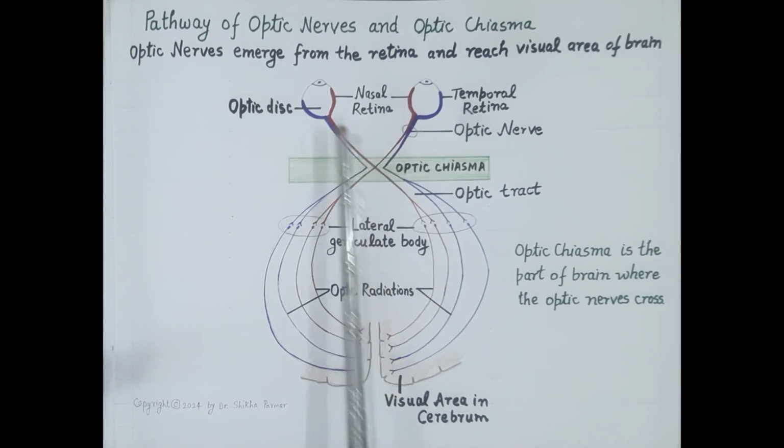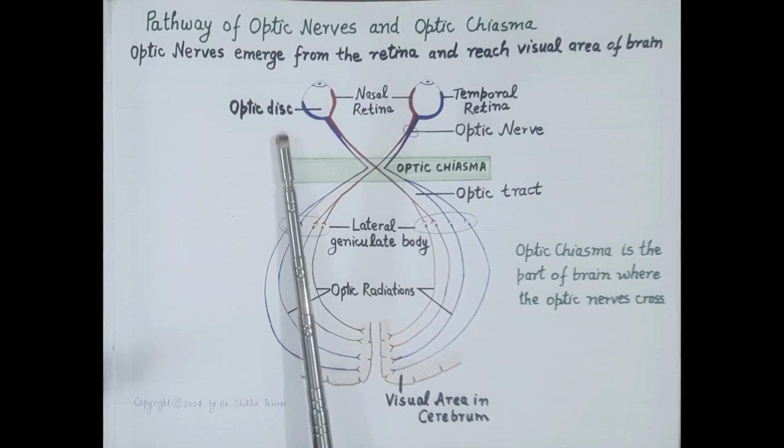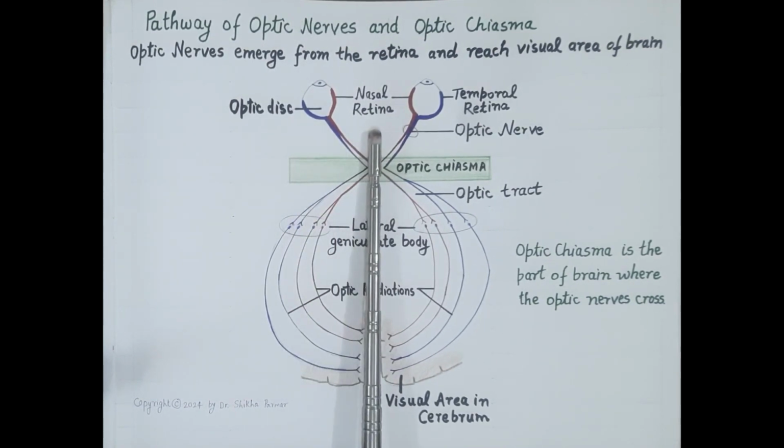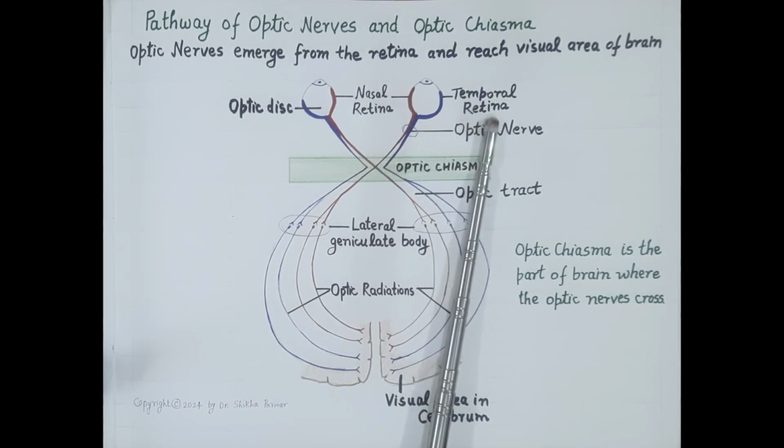As you can see here, structurally the retina can be divided into two types. This is the nasal retina. The retina on the nasal side is termed the nasal retina and the retina on the temporal side is termed the temporal retina.